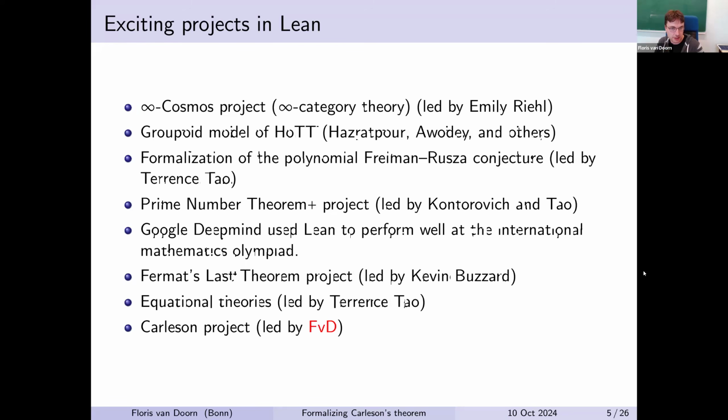What's interesting is that this was proven last year by Terry Tao and Tim Gowers and two other people, and was put on the arXiv. Then before it was submitted for publication, Terry Tao wanted to formalize this in Lean. So he led a project to do this formalization, and quite a few people joined, and it was formalized within 3 weeks.